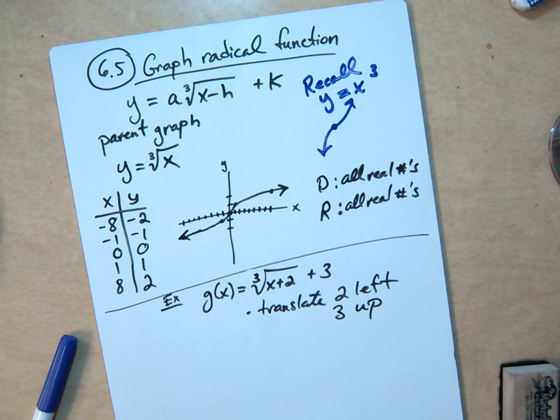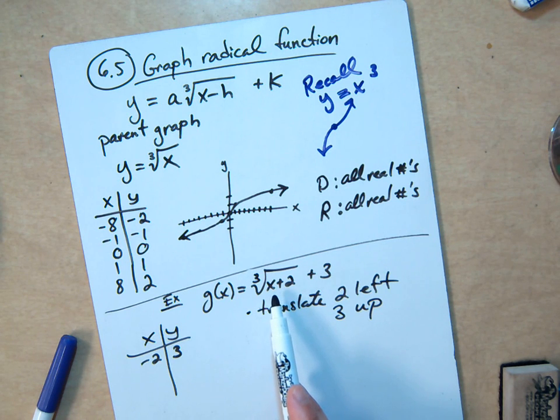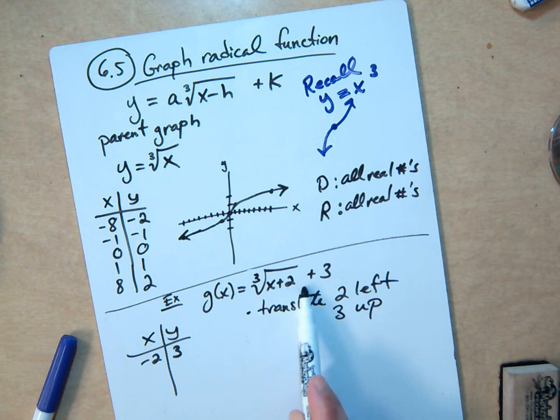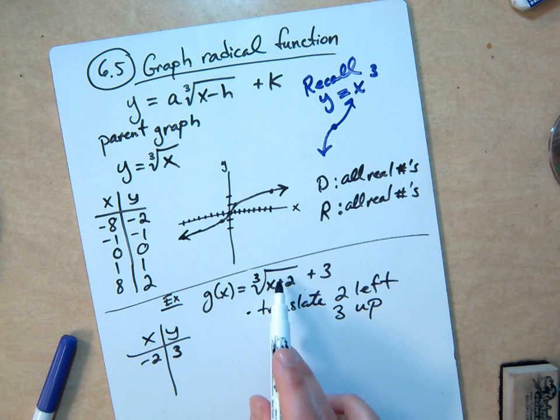So we kind of know ahead of time that the point negative 2, 3 is going to be on there. You can tell from looking at the graph. Negative 2, 3 is a good choice, because if you put in negative 2, the cube root of 0 is 0, plus 3 is 3. So it's a nice, easy place to start. What else should I use under the radical so I get a perfect cube?